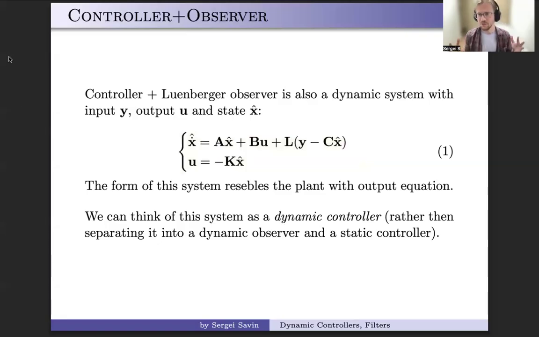Now, in terms of sort of beautiful images, you can think about it this way. A static controller does not have a memory. It cannot remember anything that was happening before. A dynamic controller has internal states which act as a memory. So it can do things that require knowing what happened in the past. That is a beautiful image.